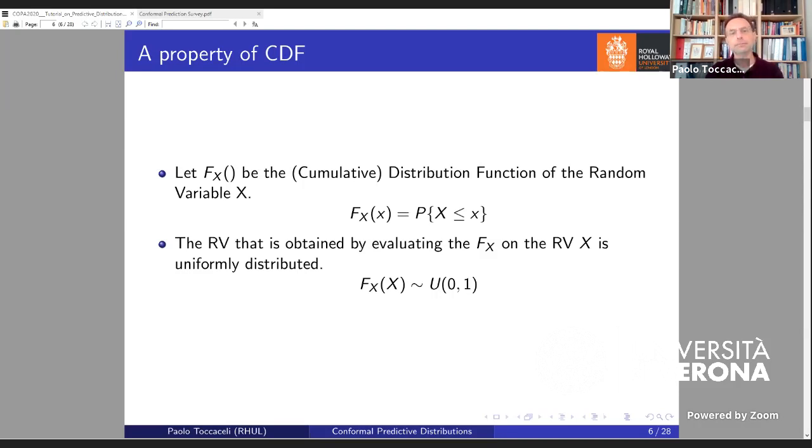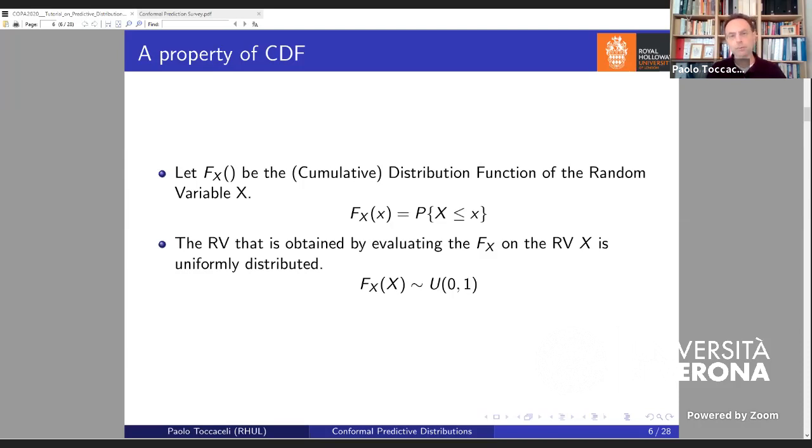So if we have a random variable x, and we denote with F_x the cumulative distribution function, then there is this property that if I take instances of the random variable x and I evaluate the expression of F_x on these variates, I obtain numbers that, of course, are between 0 and 1, but that are uniformly distributed.